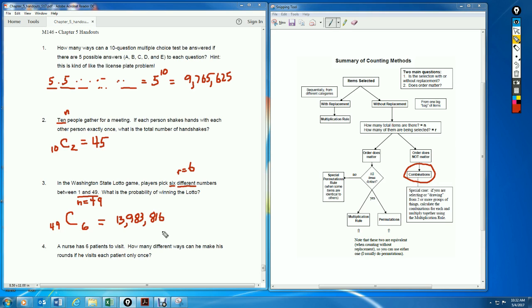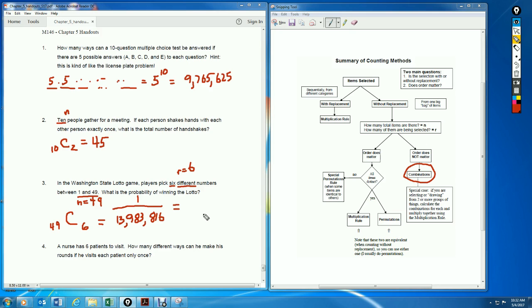There's only one way to get the correct 6 numbers. So only one way to make you happy, divided by the total number of outcomes. All right, and if you do that, again, it's a very, very small number.